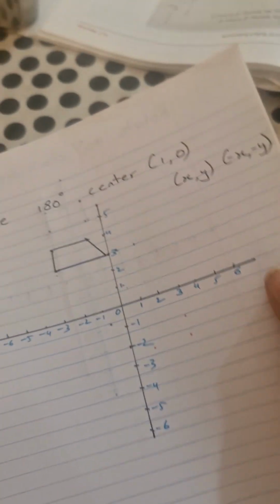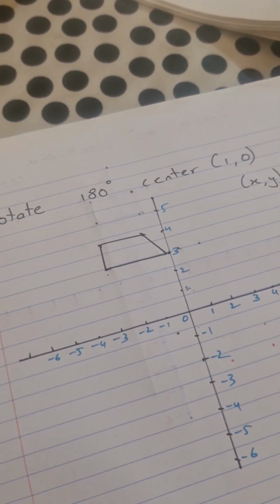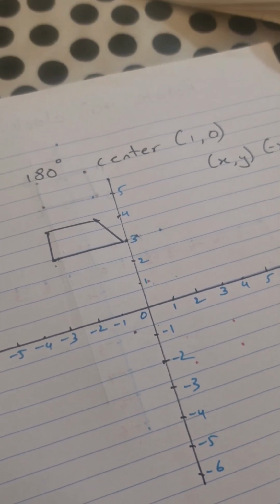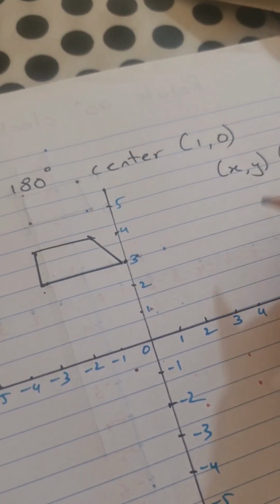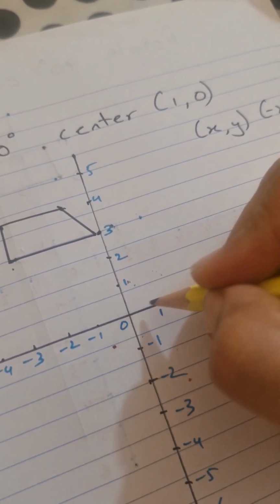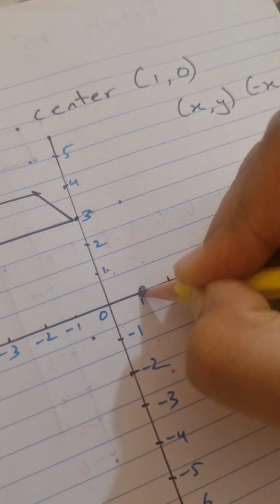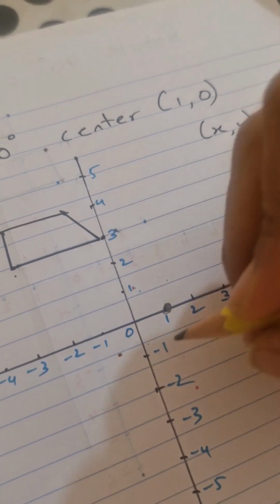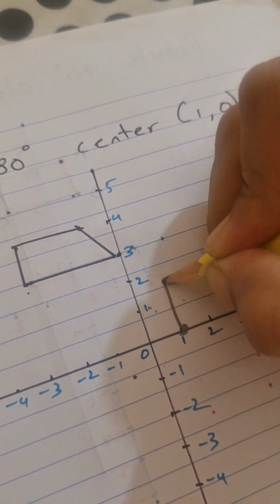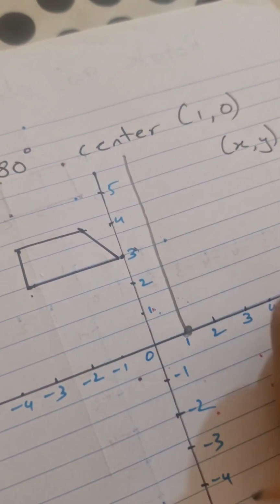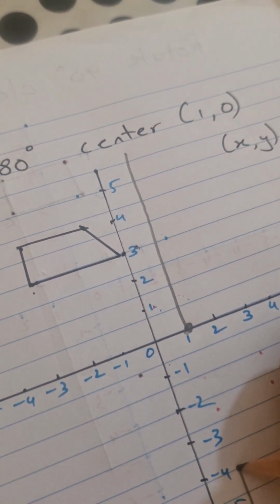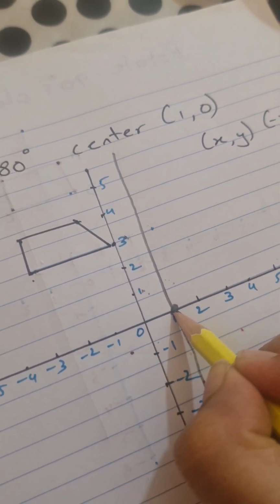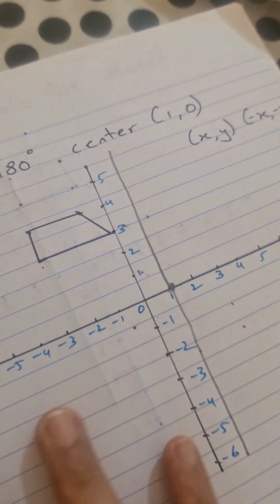Okay, so now we are going to rotate this image 180 degrees from center 1 and 0. As I told you, when the center is given, first step you have to write 1 and 0. So this is the point from where you will draw your imaginary line, or we can say new line for origin. As this is the 0 line, your x-axis will be the same.